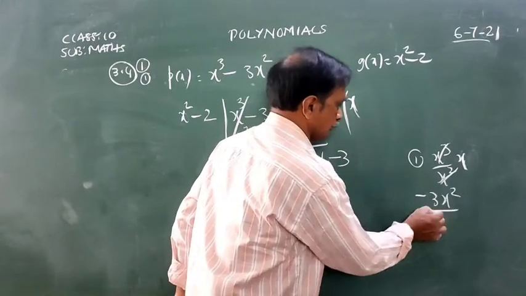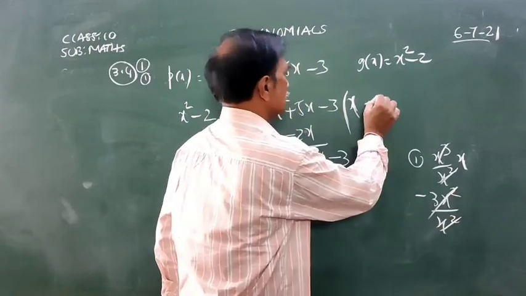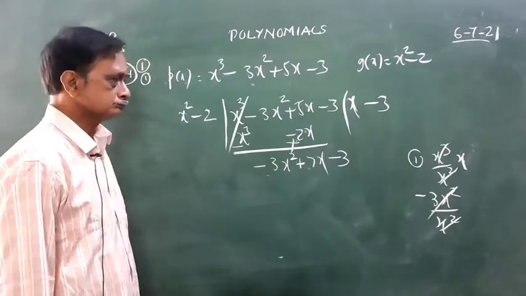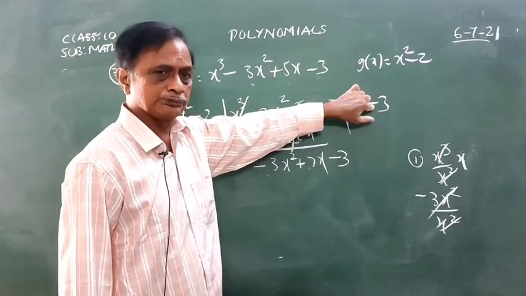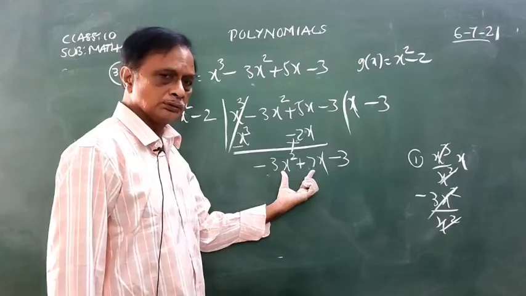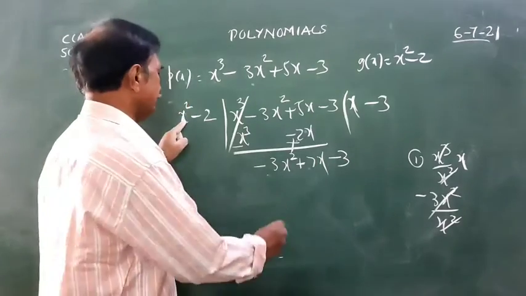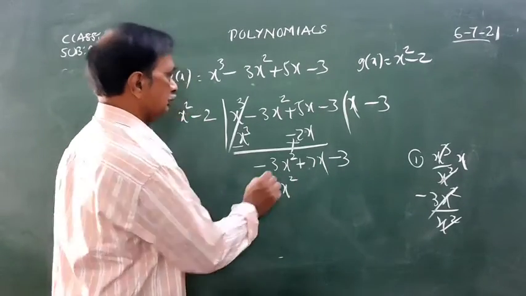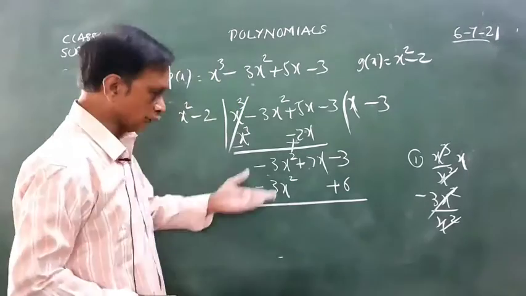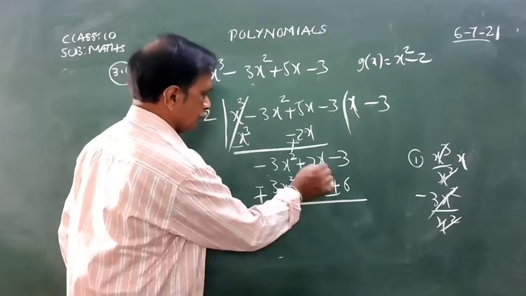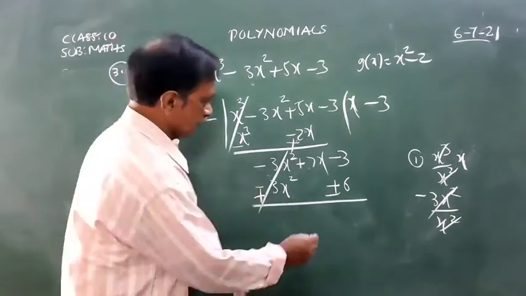Minus 3x square by x square gives what? Minus 3. Multiply the divisor by that minus 3, second term of the quotient, and write the product under this new dividend. Minus 3 into x square, minus 3x square. Minus 3 into minus 2, plus 6. Subtract, plus minus. And what is the difference?